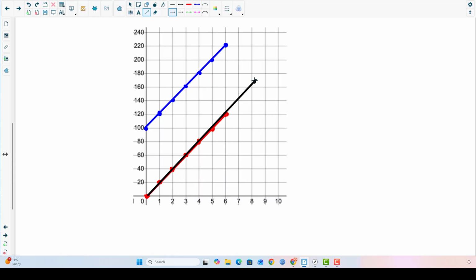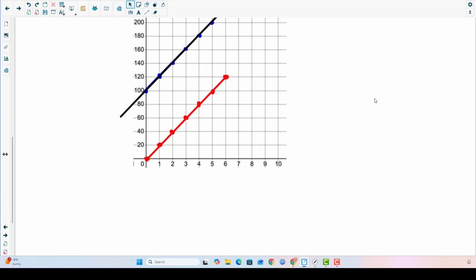So we're saying that this slope is the same for both lines, and that makes sense. The slope is the same, even though their starting values are different and each value in the table is different. The slope is the same, meaning the angle at which they're going up.